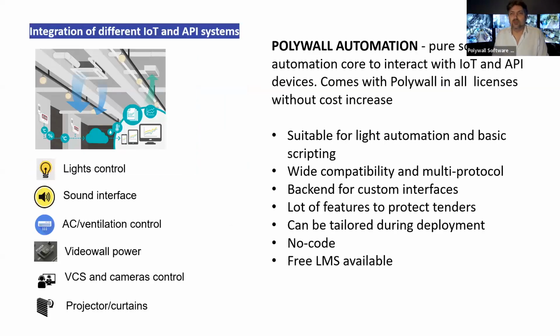Okay, going further, Polywall automation is the integration backend which can handle IoT and API devices. IoT devices are handled by any protocol. It can be standard TCP or HTTP. It can be ZigBee. It can be MQTT, OPC UA, or any other protocol for interaction with home automation, industrial automation devices, and so on.